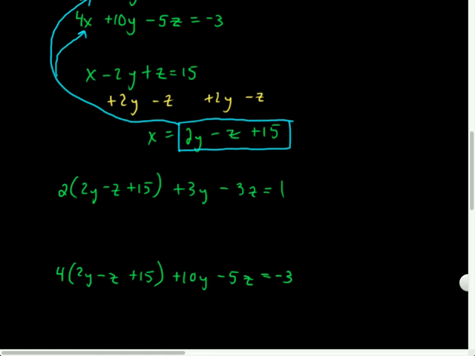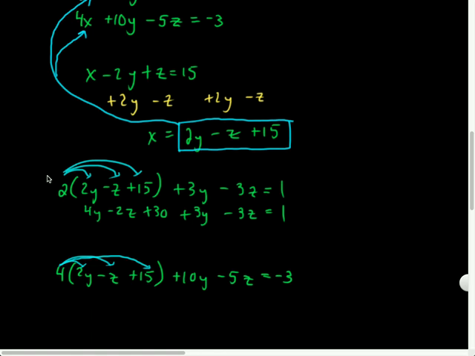So now let's simplify this a little bit. I'll distribute these and combine some like terms. Actually, that last arc is a little bit high for me because I have to try to fit possibly 2 lines of work above it. So for the first one, I'd have 4y minus 2z plus 30 plus 3y minus 3z equals 1.